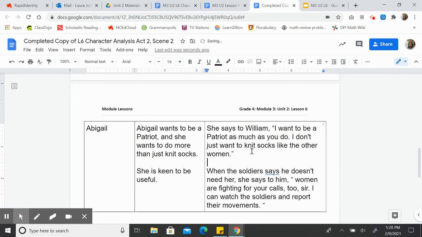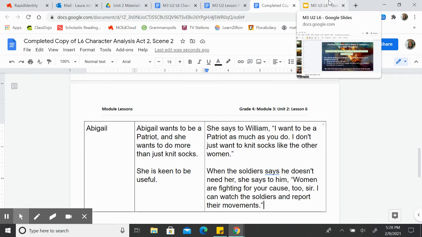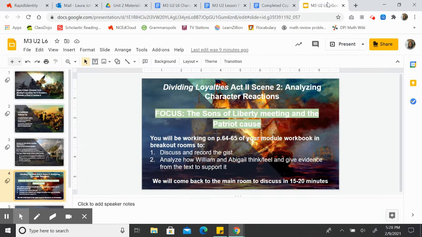And when the soldier says he doesn't need her, she says to him, "Women are fighting for your cause too, sir." And that should say cause, C-A-U-S-E. "I can watch the soldiers and report their movements." All right, so there's our quotes or info. So you should have all that recorded on pages 64 and 65 of your module workbook.